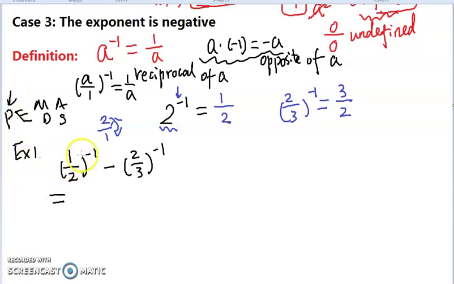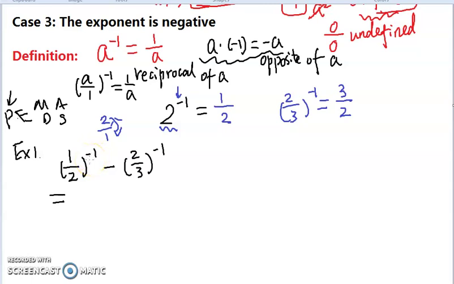But notice these parentheses are just trying to indicate that we raise the entire fraction to negative first power. There's no operation we have to do inside the parentheses. I mean, we can write 1/2 as dividing 1 by 2 to get 0.5, but it's not going to make the problem any easier because we know that -1 means reciprocal.